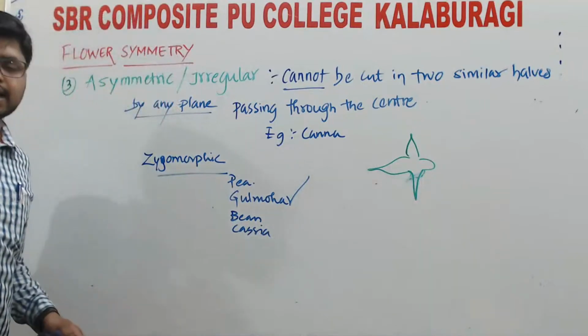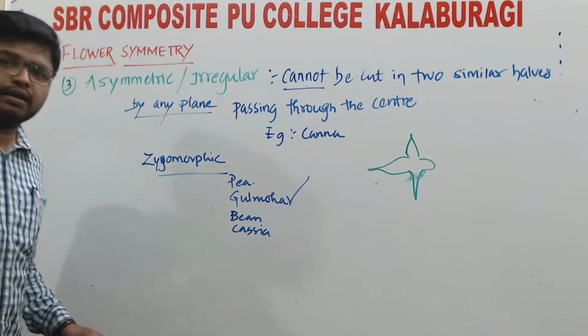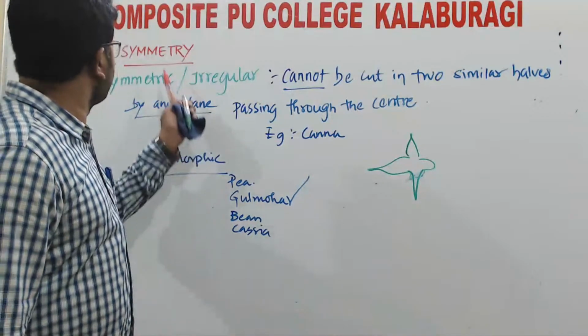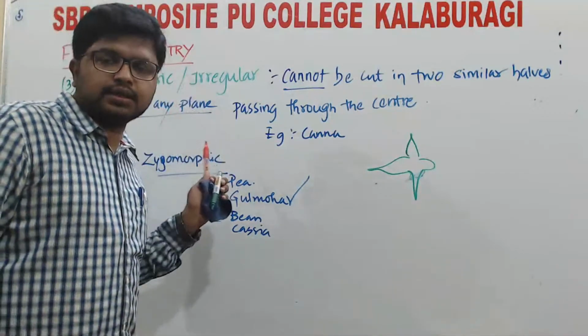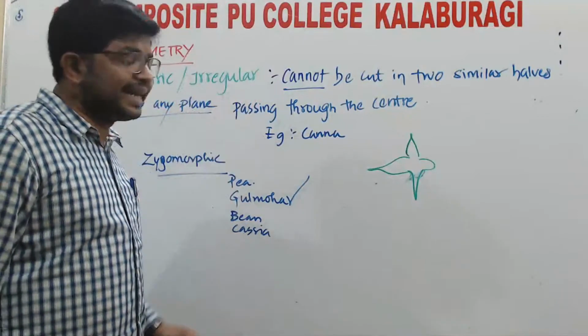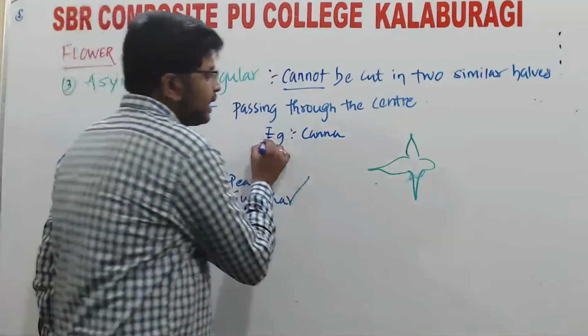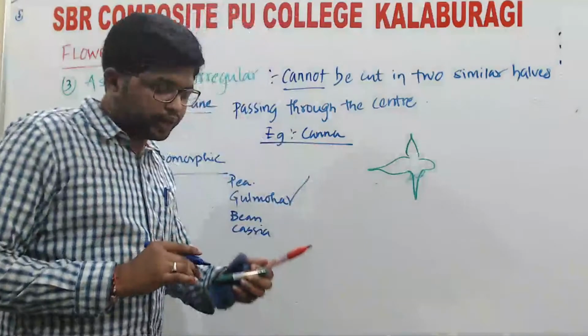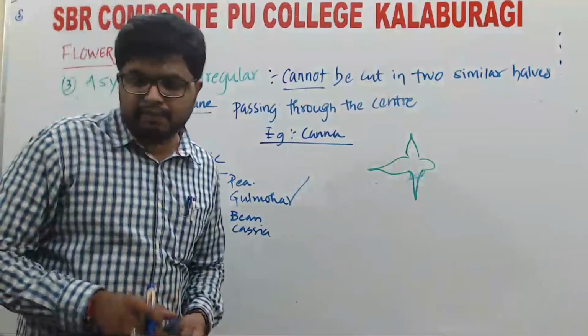Okay, so these are the examples for zygomorphic symmetry. And the example for asymmetry or the irregular flower is the canopy. Examples are critically important, so I want you to remember them. Okay.